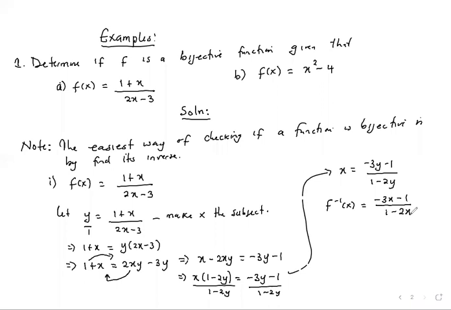So we say, since f is invertible, then f is bijective. One of the simplest conclusions is this one. Because we have easily found the inverse of f, it is bijective.